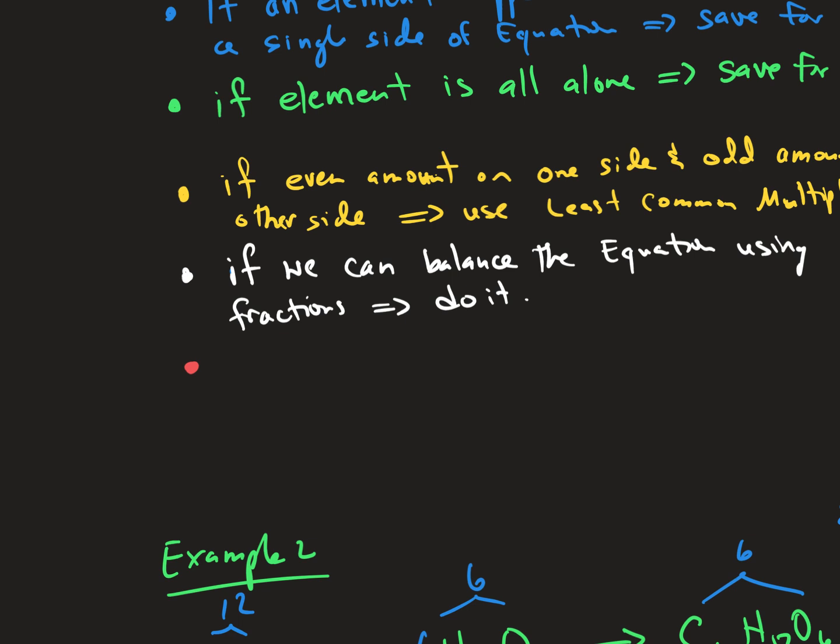Can we leave it as fractions? We cannot. So once we finish, just multiply everything by the smallest whole number that makes them all whole numbers. Okay? I'll show you what this means.